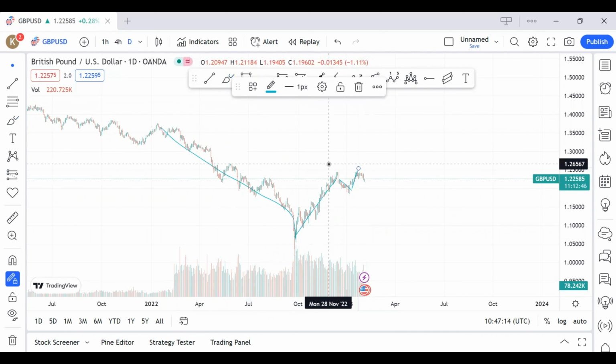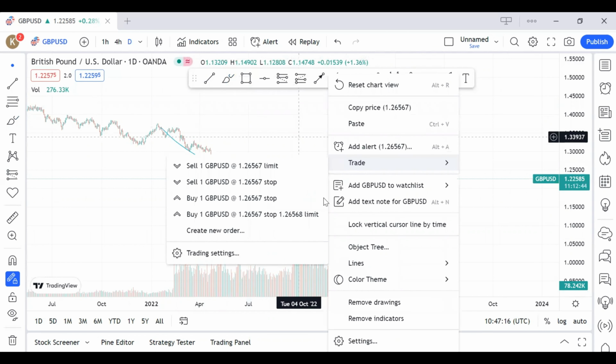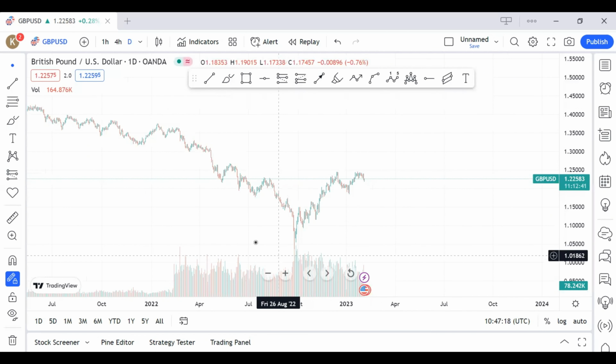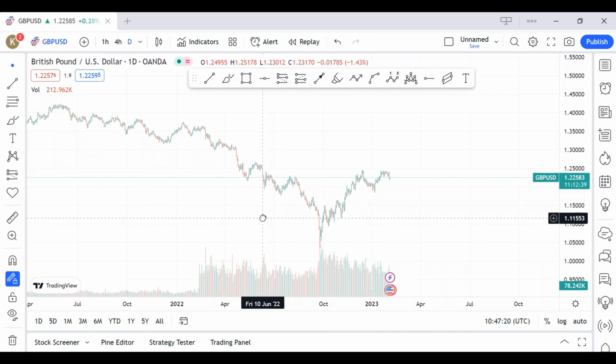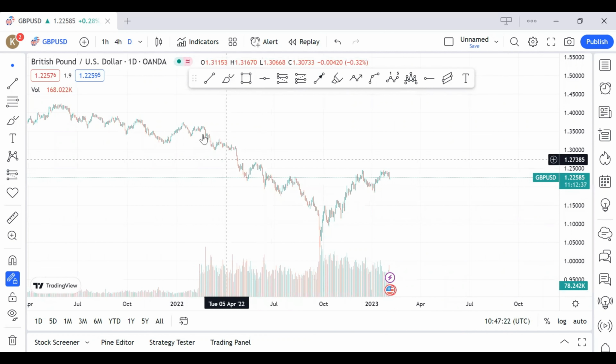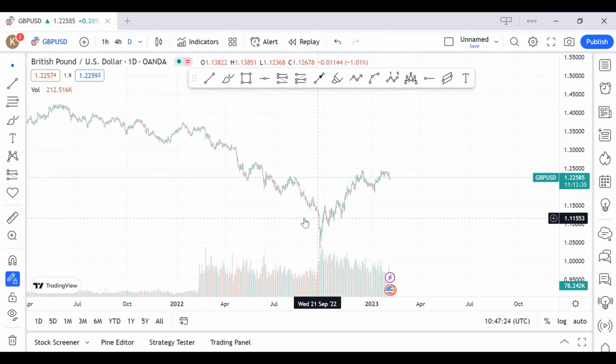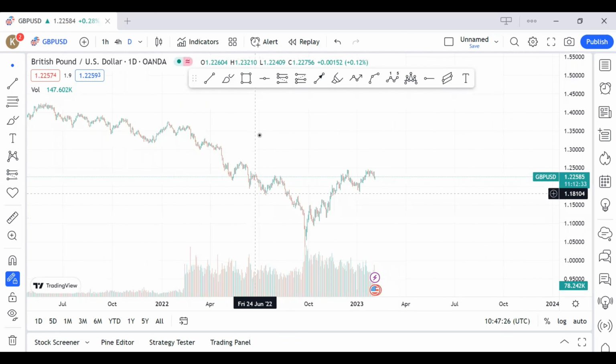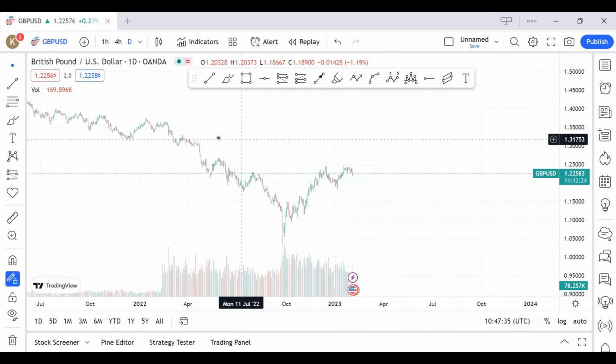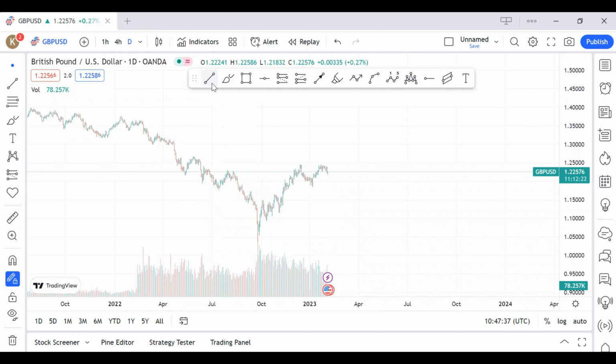Okay, let me remove all these drawings. Since we now know that the market has been moving in a certain type of formation from the previous market structure, we'll not focus on the previous market structure, but try to focus mainly on current market conditions, which is the current market structure.